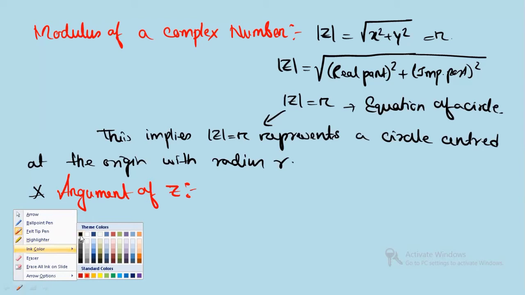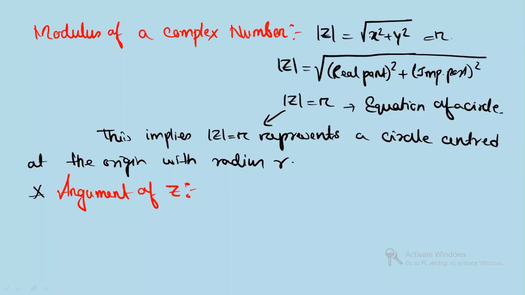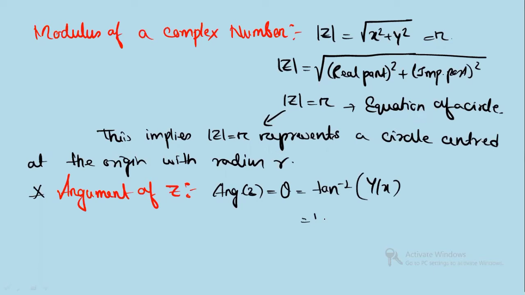So you will write it as argument of z equals theta, and theta is equal to tan inverse of y by x, or you can write tan inverse of imaginary part divided by real part, all right? So these are the important things that you should know.